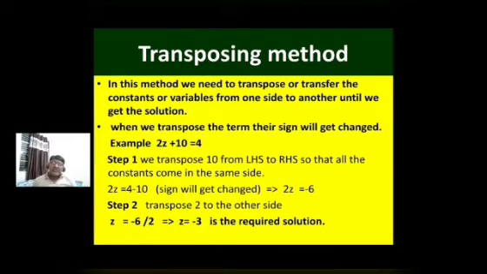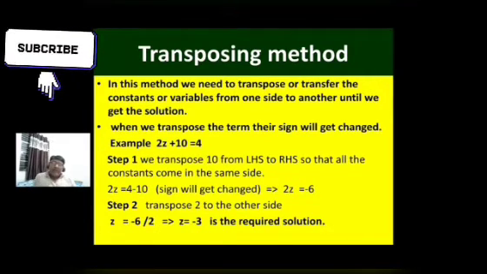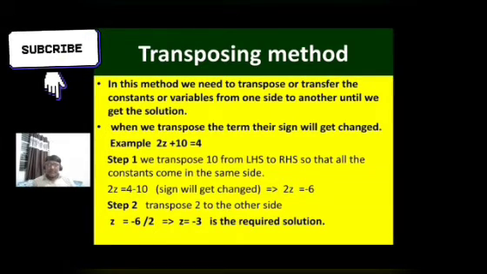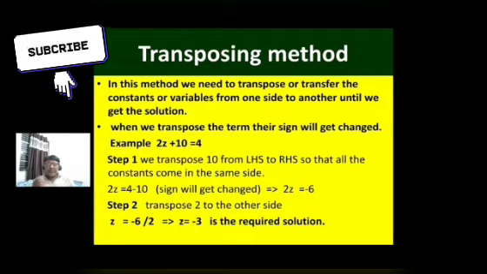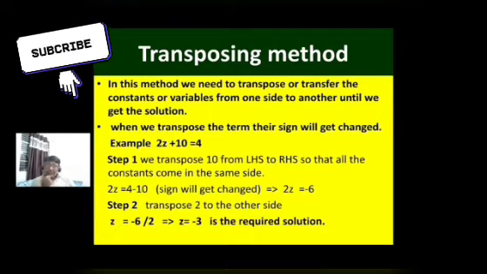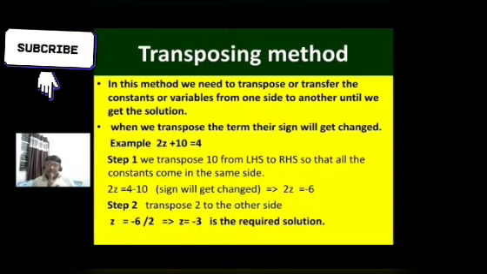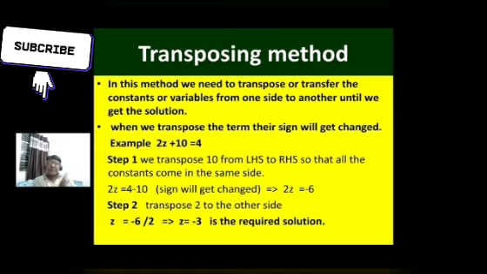Now the next method is the transposing method. In this method, we need to transpose or transfer the constant or variable from one side to the other side until we get the solution. When we transpose a term, its sign will get changed. Now for an example, if you are given an equation 2z plus 10 is equal to 4.